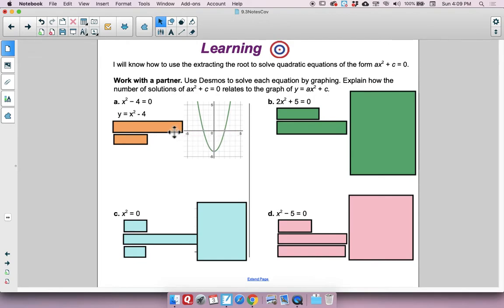Any x-intercepts are going to be solutions. So I have 2 x-intercepts, which means I have 2 solutions, and those are -2 and 2. Again, if you go back to the original and plug back in, -2 quantity squared is 4, minus 4 is 0, and 2 squared is 4, 4 minus 4 is 0, check, check.